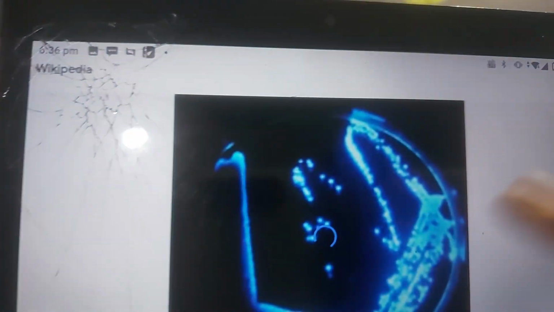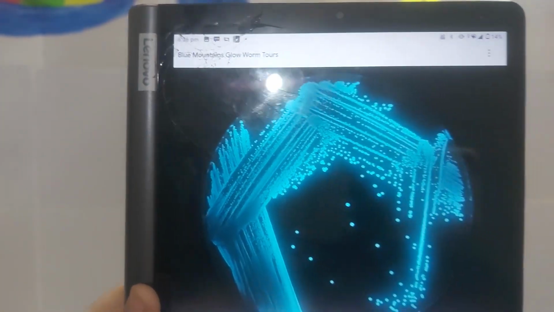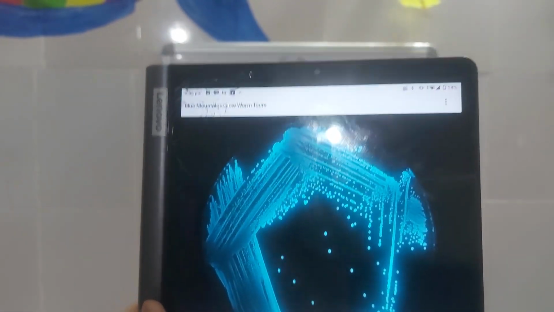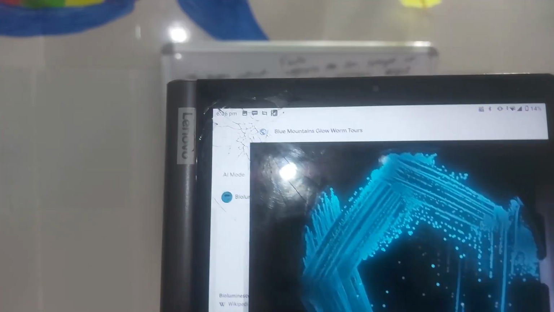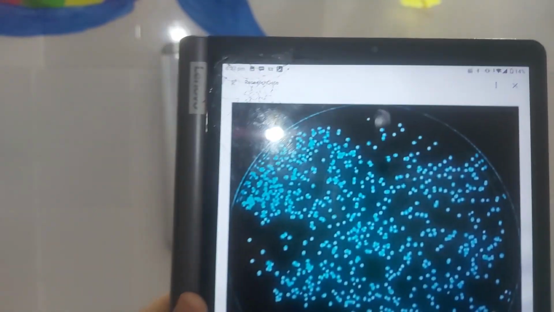This is also having this chemical bioluminescence, same as this has. We have seen this in a microscope. These are not real pictures that we can see with our naked eyes.